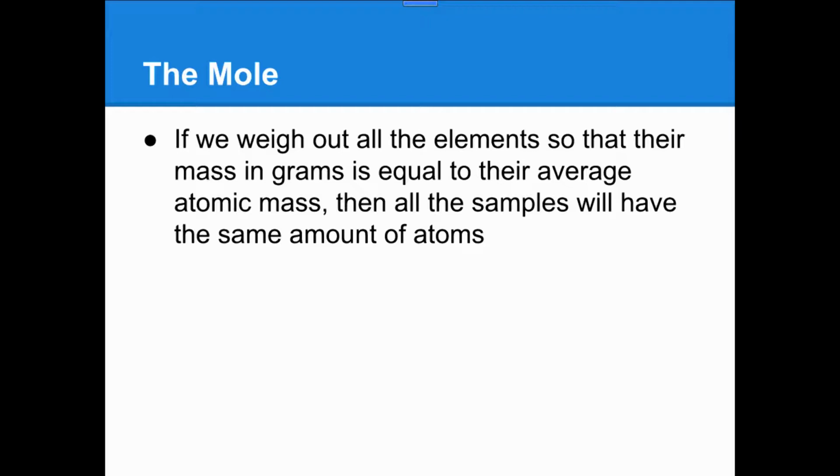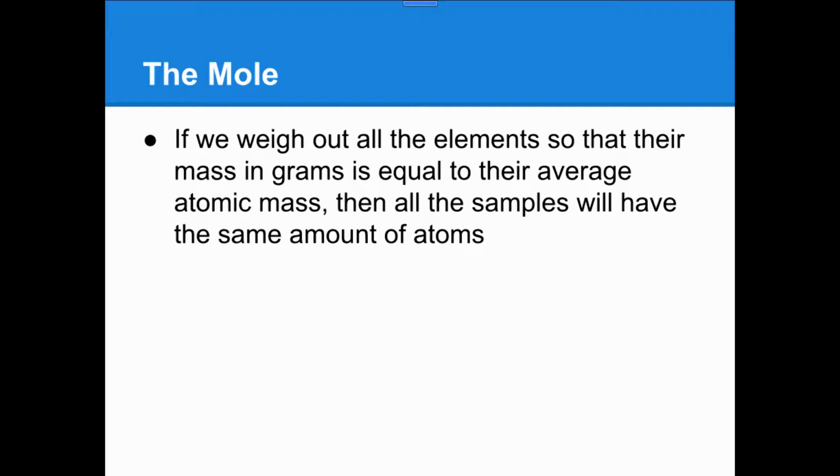So that mass of aluminum from the previous slide and the mass of the copper from the previous slide and the mass of hydrogen 1.01 and the mass of nitrogen, which would be 14.01, if you just go through that entire periodic table, each one of those, so the 1.01 grams of hydrogen, the 14.01 grams of nitrogen, the 16.00 grams of oxygen, all of those are actually equal to the exact same amount of atoms.